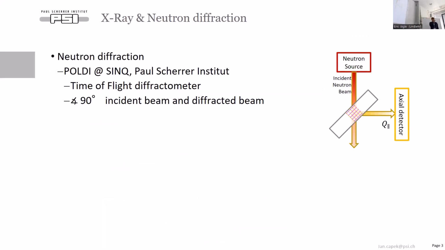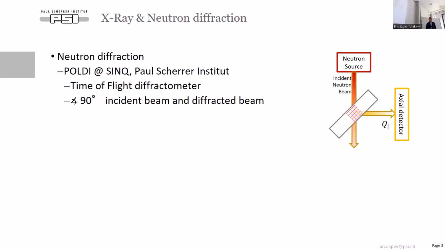For the characterization of the samples, besides the traditional microscopy, we used neutron diffraction. First characterization was done at the POLDI beamline at SINQ, Paul Scherrer Institute. It's a time-of-flight diffractometer, and it has one detector bank at 90 degrees to the incident beam.